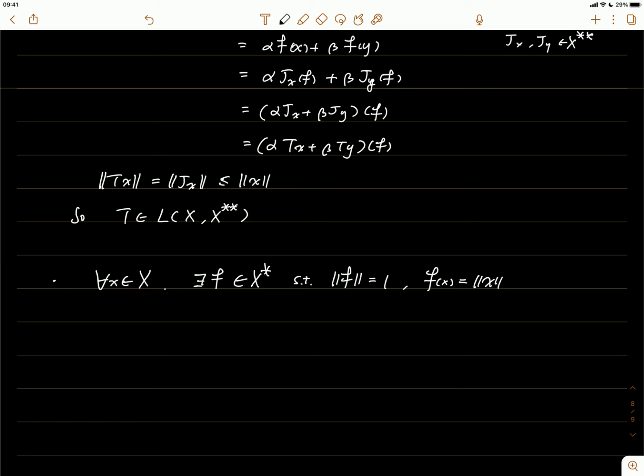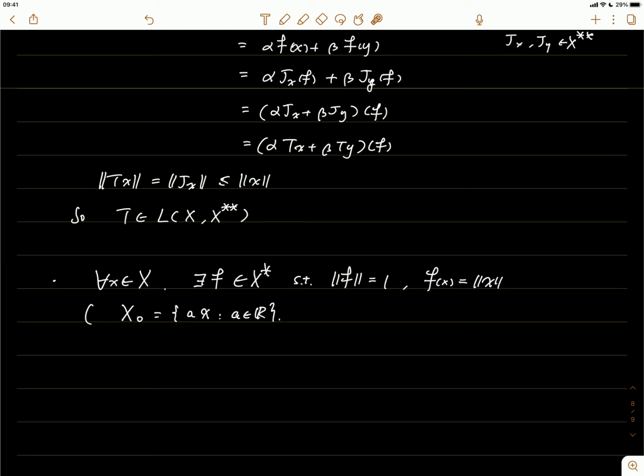The reason is, to show this, we can consider some f naught. Let's define x naught first. Let's define a linear subspace x naught to be just all linear multiples a x, where x is fixed, and a is any real number. So this is a linear subspace of the original x.